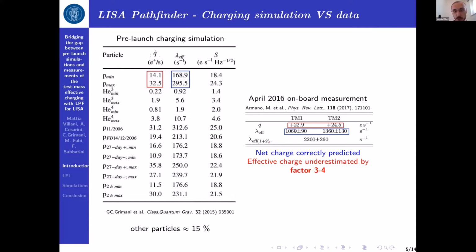The original prediction for April 2016 would have been a number in between the minimum and maximum, right? Should have been, yes, a number in between. But it was 1,000. So this is a pretty significant underestimate. This is not completely explained by electrons, right?